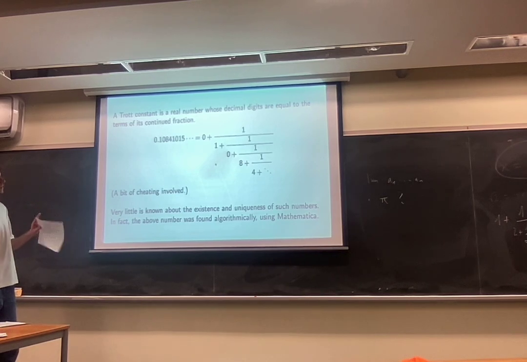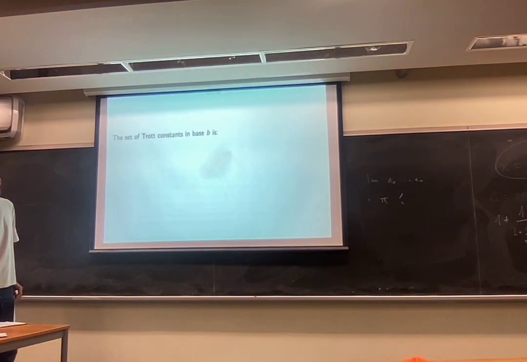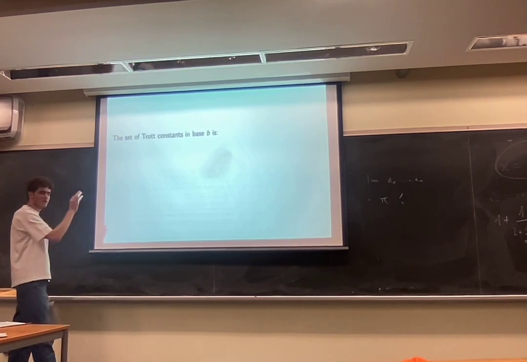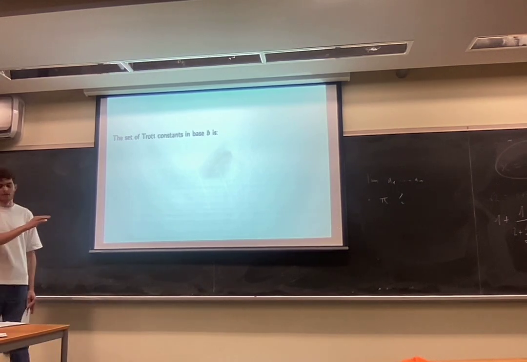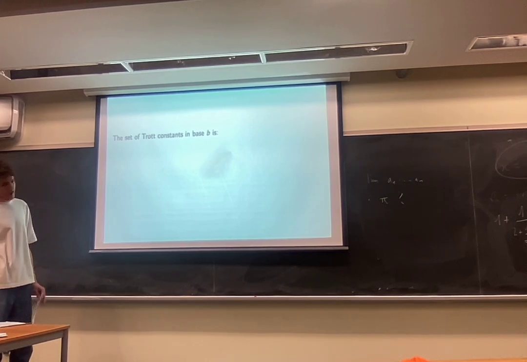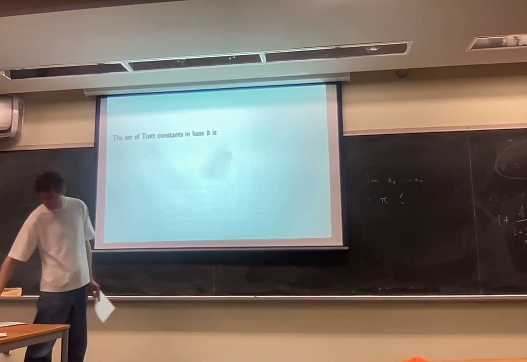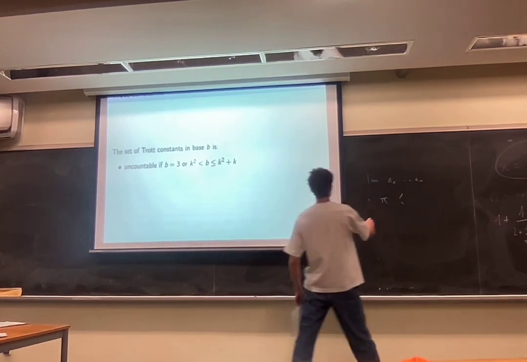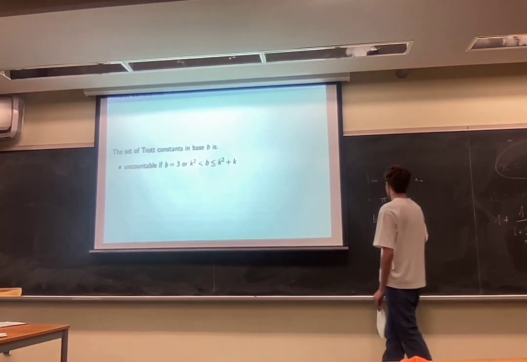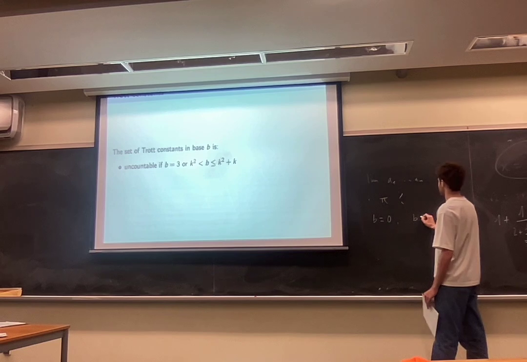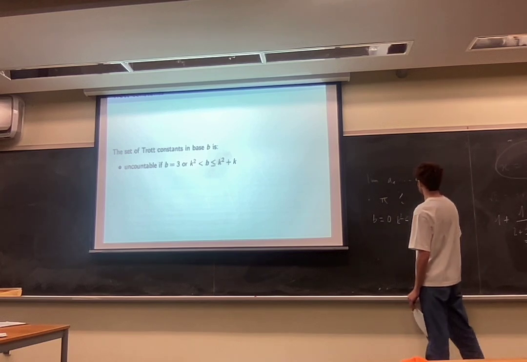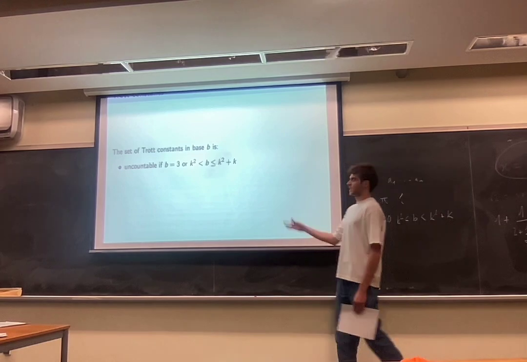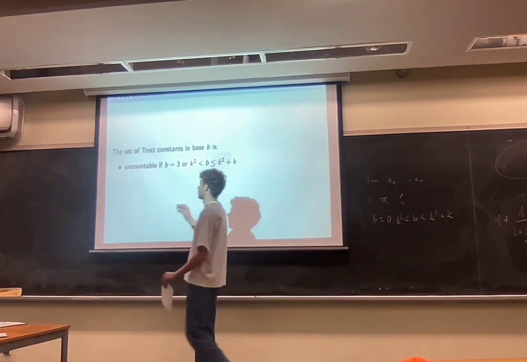There's actually only one thing that we know, regarding the set of Trot constants in base B, and this is also a really weird fact, but they discovered it. If your number B is equal to 3, or is between a square and the square plus the square root, then the set of Trot constants in base B is uncountable.